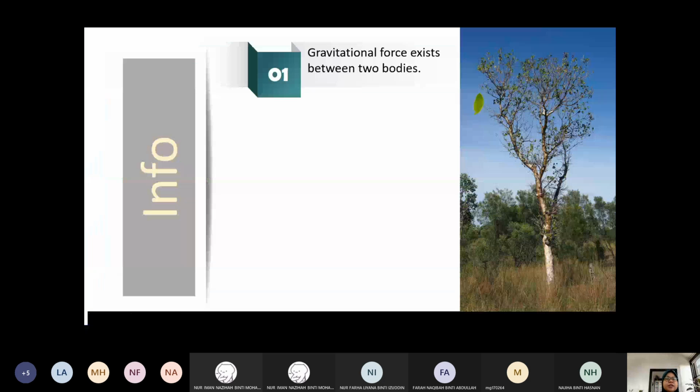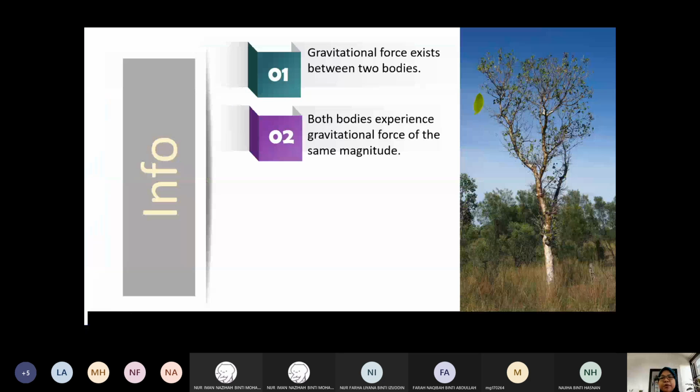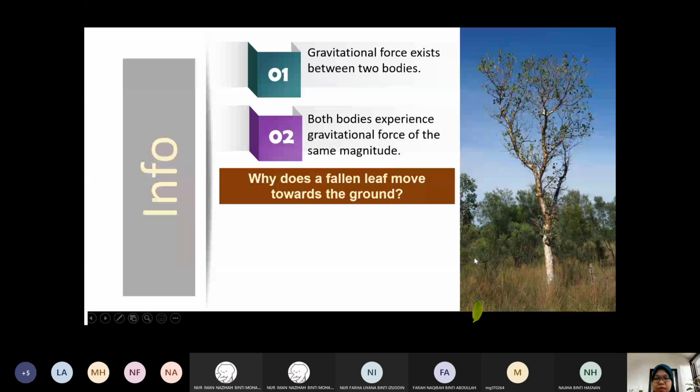Gravitational force exists between two bodies. So that is what we discussed just now. And then both bodies experience gravitational force of the same magnitude. So regardless of the size, they both will experience gravitational force. Now, why does a fallen leaf move towards the ground?